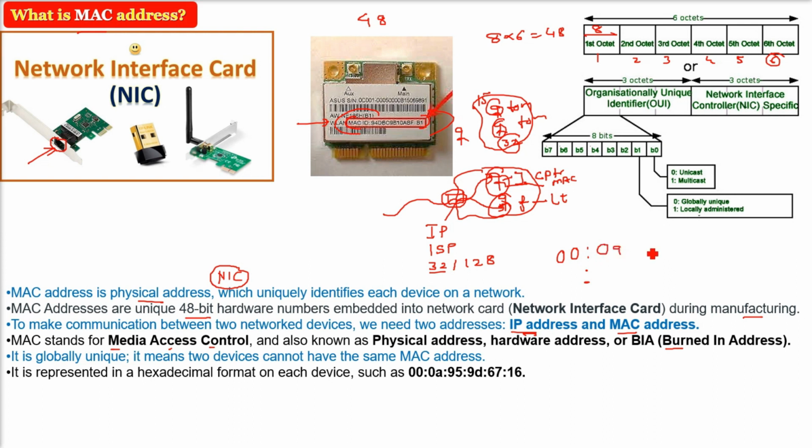So let me write a hexadecimal format of a MAC address. This is with colons, but it can be a period or a hyphen also. So we have 00, colon 0A, colon 95, colon 90, colon 67, colon 16.